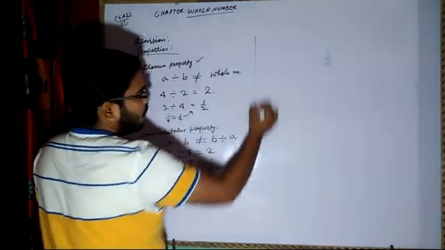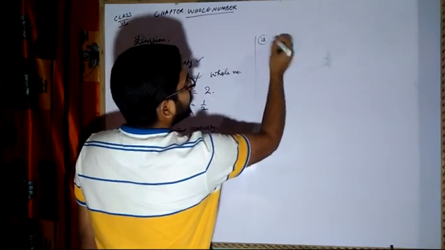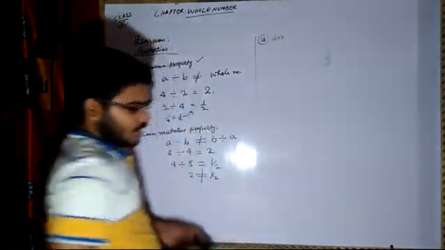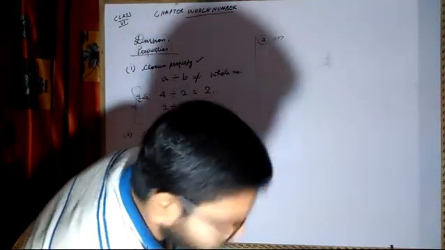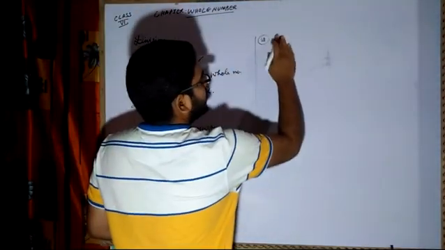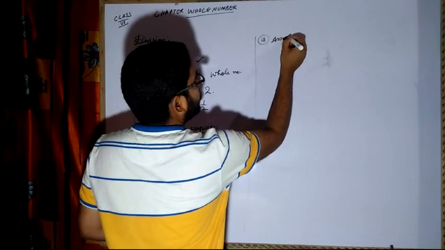Now we have the third property, associative property. Associative property also does not hold in case of division.